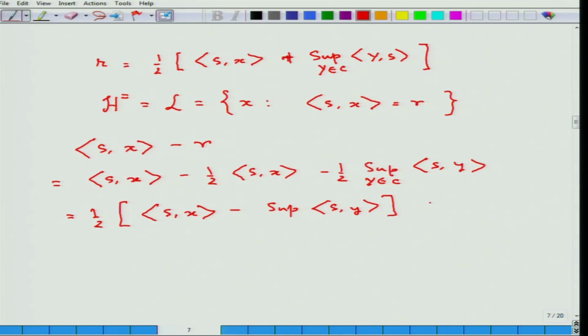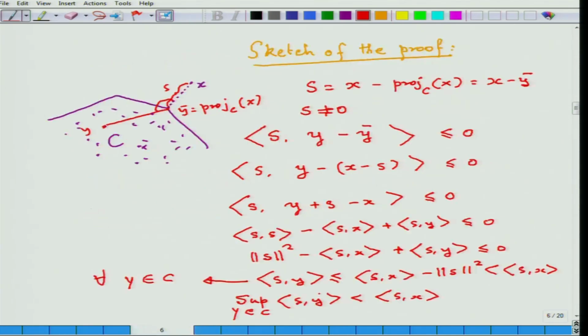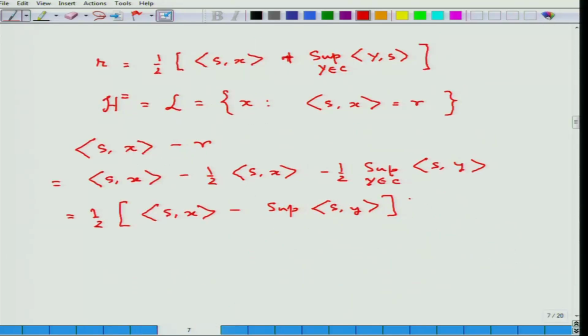So, this whole thing, obviously you know from this fact, is strictly bigger than 0. So, you get S of x is strictly bigger than this R. So, x is lying in the upper half space.